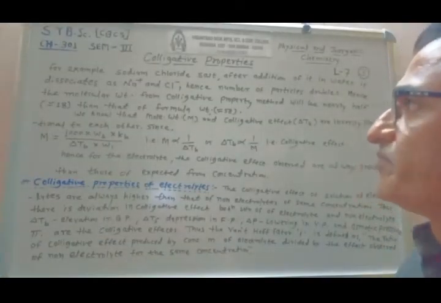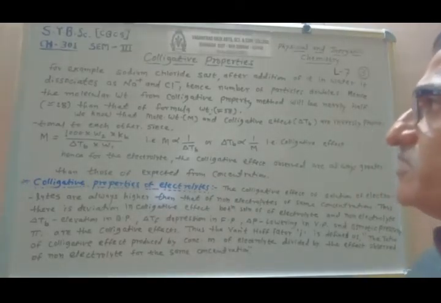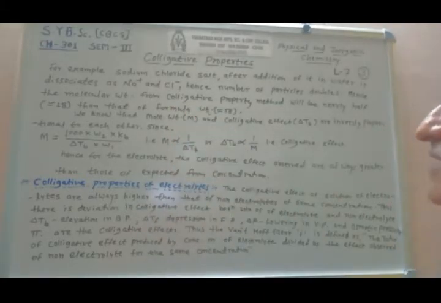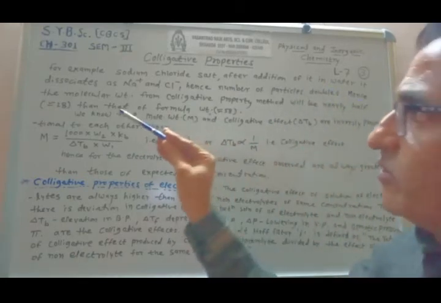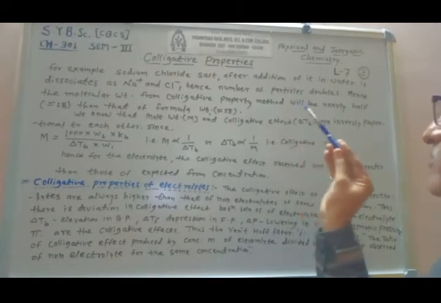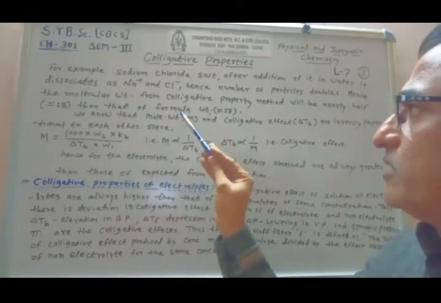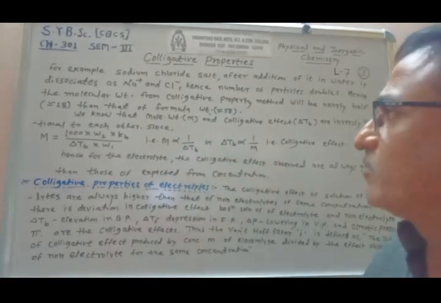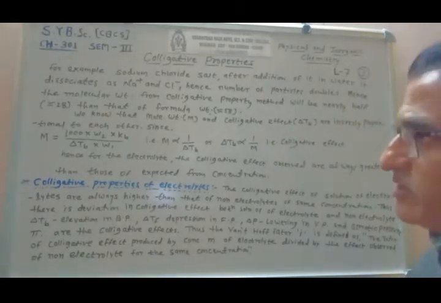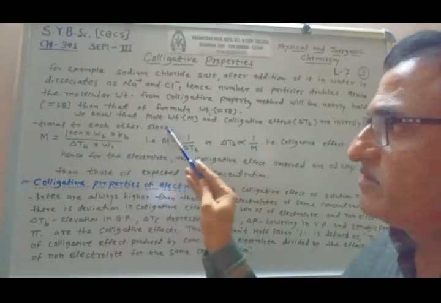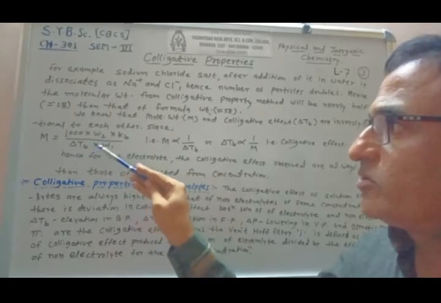For example, sodium chloride salt, after addition in water, dissociates into Na plus and Cl minus ions. Hence the number of particles doubles. Therefore, the molecular weight from the colligative property method will be nearly half, that is 28, of the formula weight 58. We know that molecular weight M and colligative property effect delta Tb are inversely proportional to each other, since M is equal to 1000 W2 into Kb divided by delta Tb into W1.